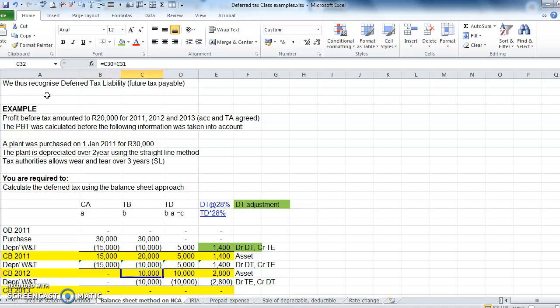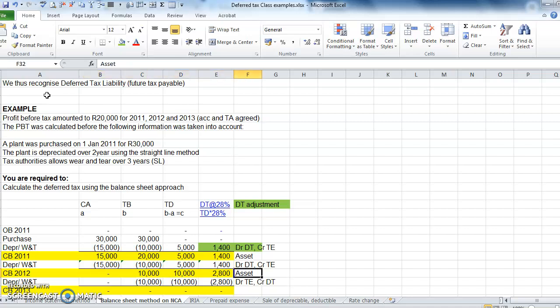Our tax base is 10,000. Our temporary difference is then 10,000, and our deferred tax balance at the end of 2012 is 2,800. So it's the 10,000 times 28% that gives us 2,800. And again, we have a deferred tax asset. How do we know it's a deferred tax asset? Because our tax base is more than our carrying amount, right?